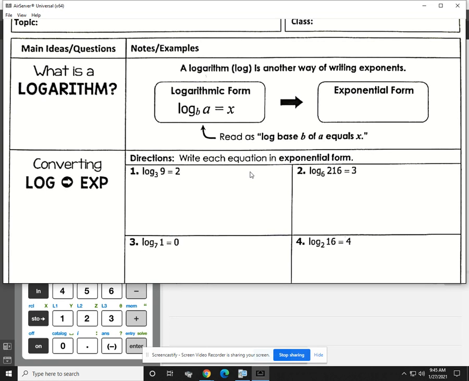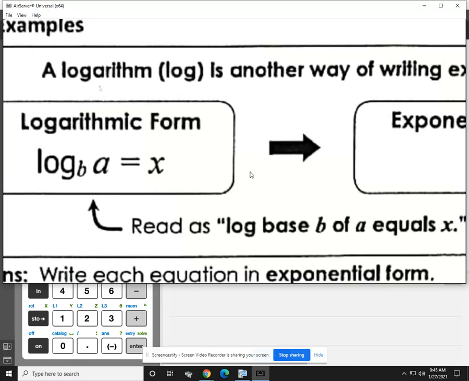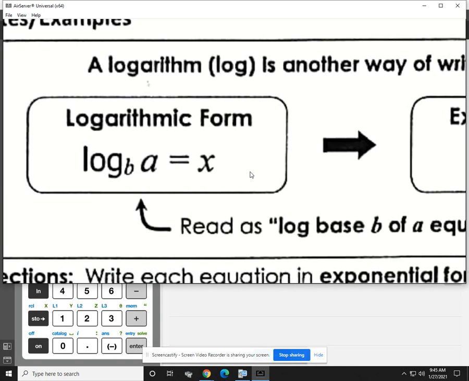Now, base b, so that little bitty value down here below the b, that's going to be called your what? What did I just call it? Log base b. So that's going to be called our base. The a value here, this is generally referred to as your argument.